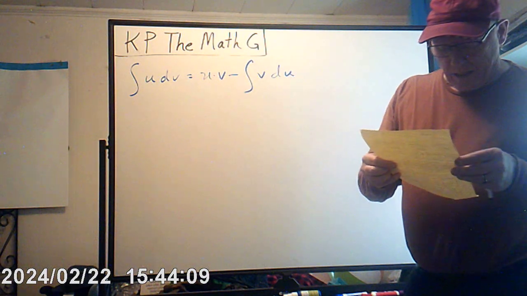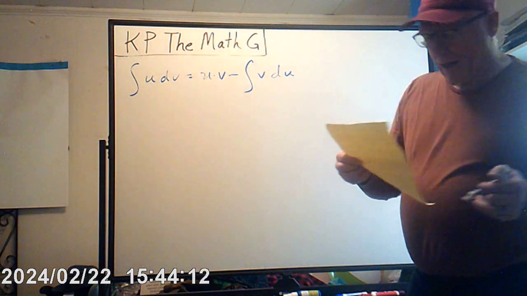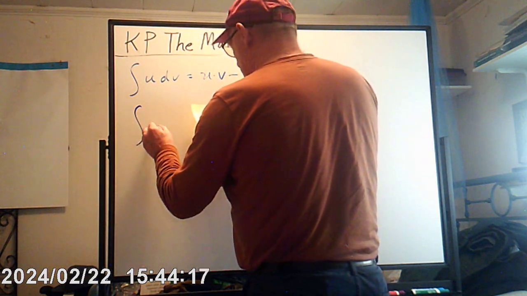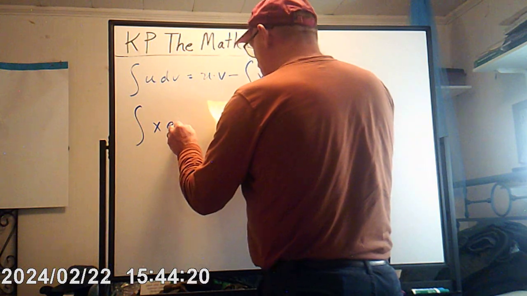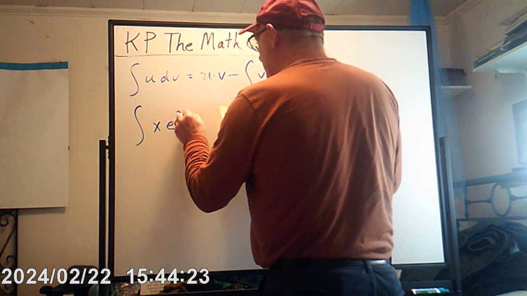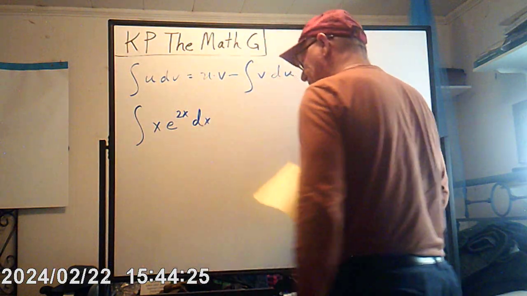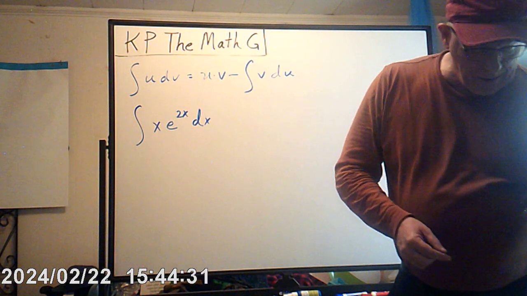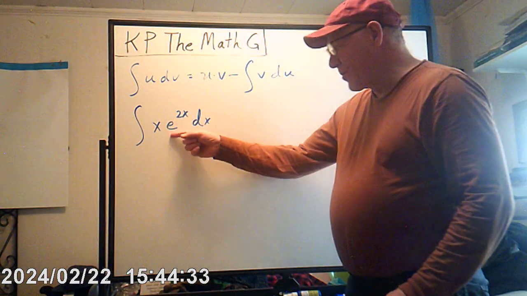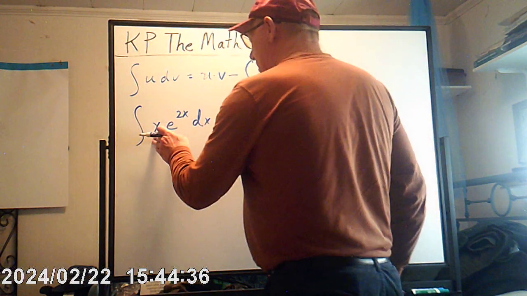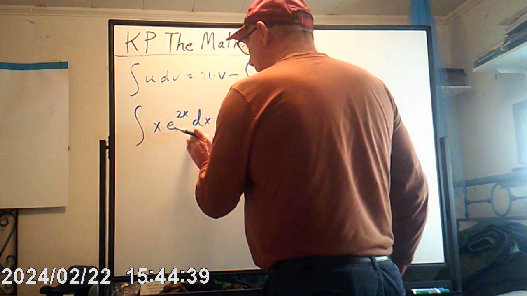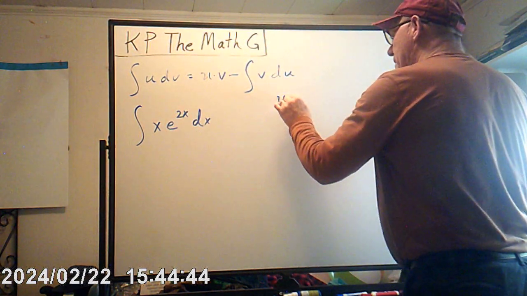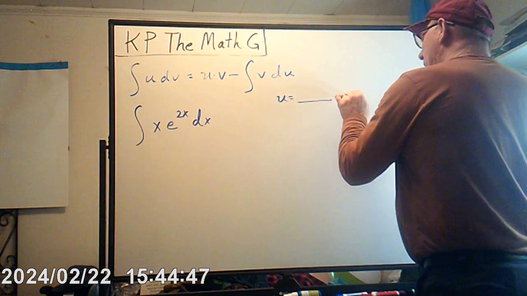I'm going to integrate x e to the 2x dx. Either way, I could let u be this, or u be this, or let dv. So we're actually wanting to say, here's u and dv.